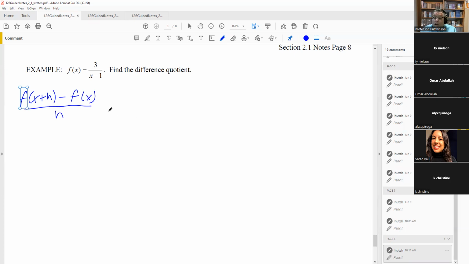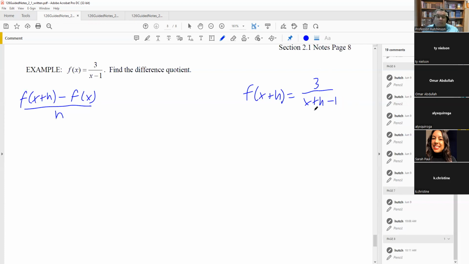Okay. Now, in this, if I want to find f of x plus h, there's actually not a whole lot I can do on this as far as simplifying. So the x that's here gets replaced with x plus h. So the minus 1 there is the minus 1 that appears here.